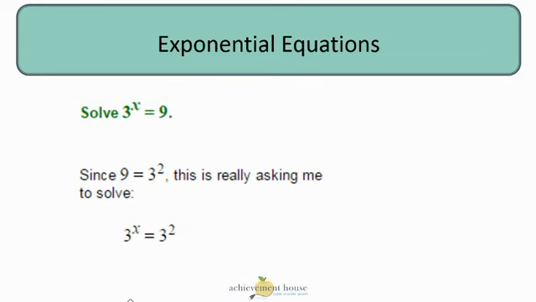However, what you can do is rewrite 9 as 3 squared, because we know that 9 equals 3 squared. So I'm going to rewrite that as 3 to the x equals 3 squared. And from there, you can say, okay, now the bases are the same, so I'm going to take the exponents, and so x equals 2.